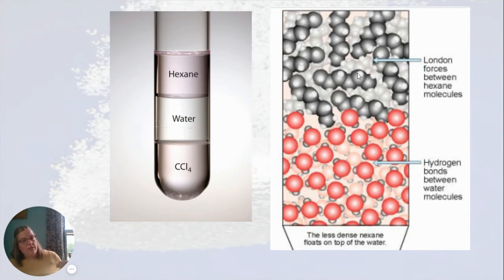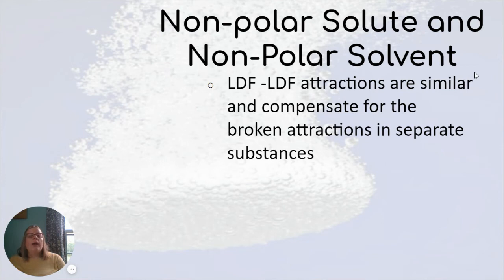So the water never gets back the attraction it would have to give up when it's connected to other waters. It's never really going to work because there isn't enough advantage for it to mix together.